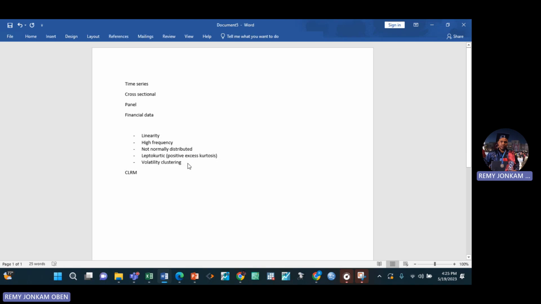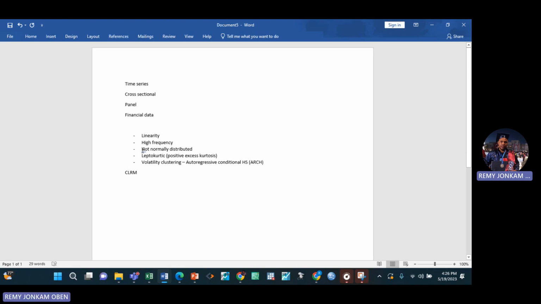This volatility clustering is actually heteroscedasticity. They call it autoregressive conditional heteroscedasticity, that is ARCH. This is common with financial data. So because we have this conditional heteroscedasticity, we cannot use, for instance, ordinary least squares because we will be violating these classical linear regression model assumptions. So we need to model the data differently.